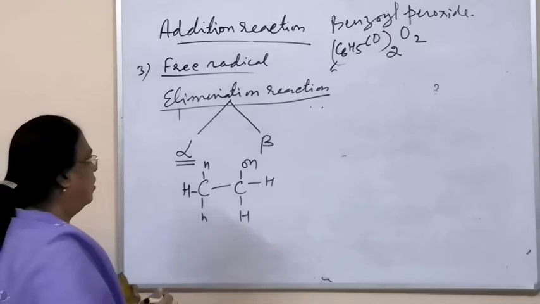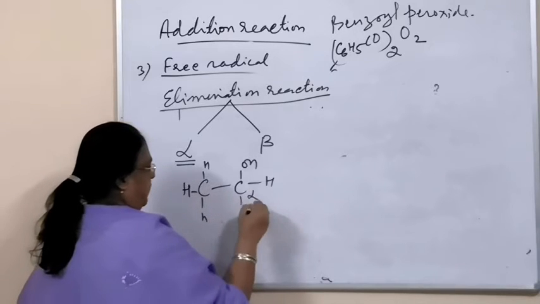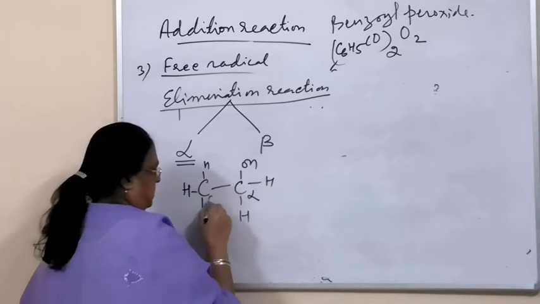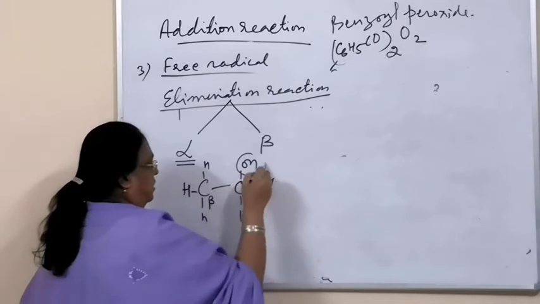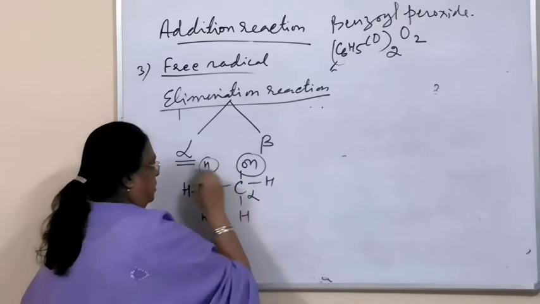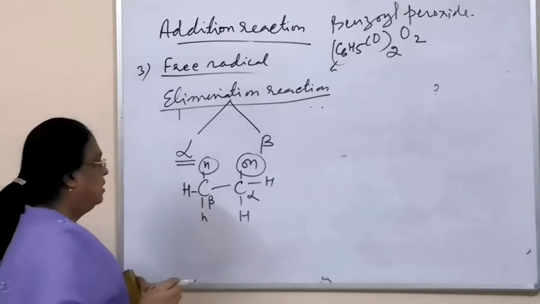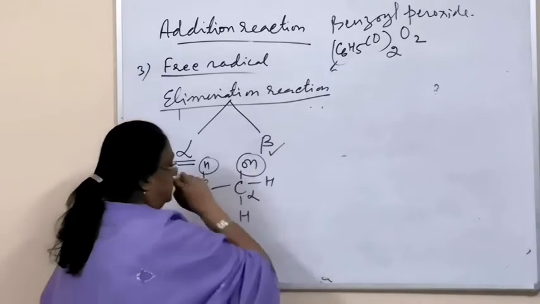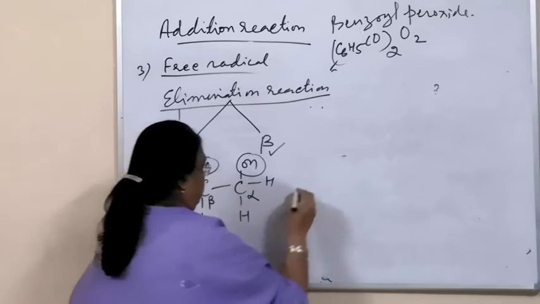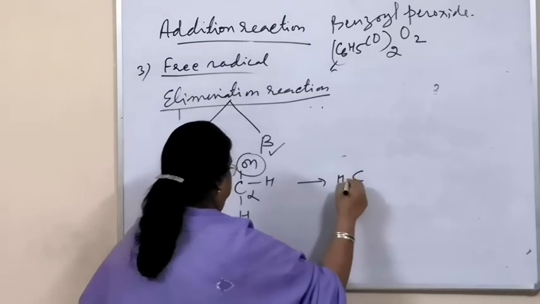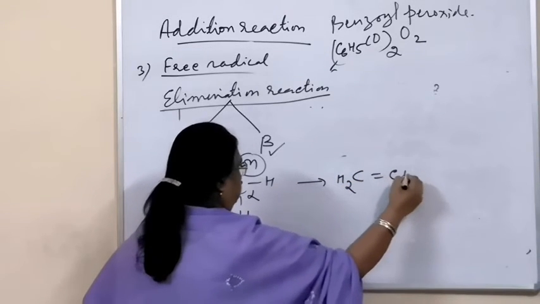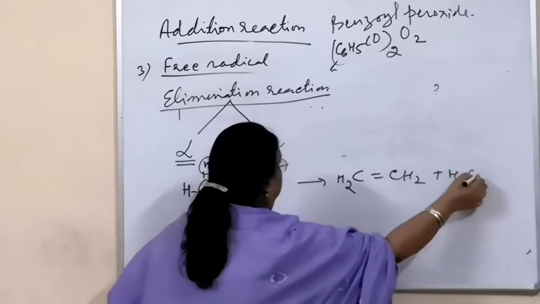For beta elimination, for example, this is ethyl alcohol. This carbon is the alpha carbon to which a functional group is attached. This is beta. One group will be out from alpha, the other group will be out from beta. That elimination is called beta elimination. So we will have CH2 double bond CH2, and water is out.